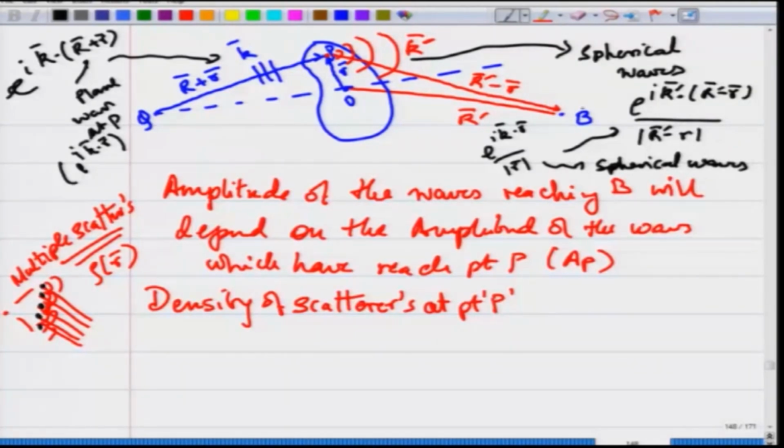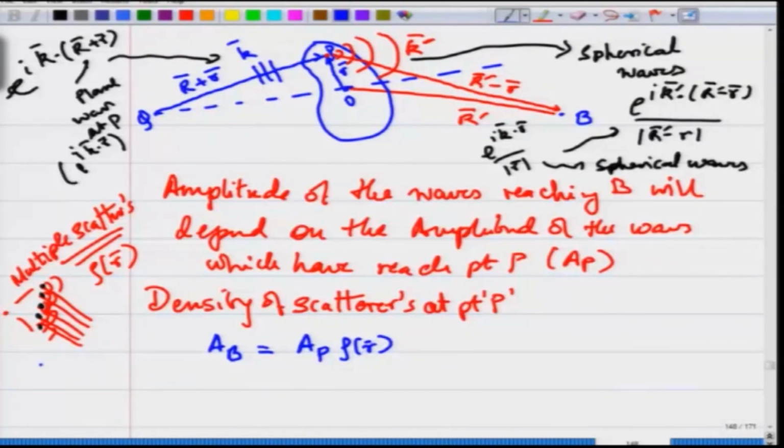So, the amplitude of the electromagnetic wave which reaches point B will be determined by the amplitude of the wave which reaches point P times the density of scatterers present at point P. The more scatterers, the more the density, it will just get multiplied.